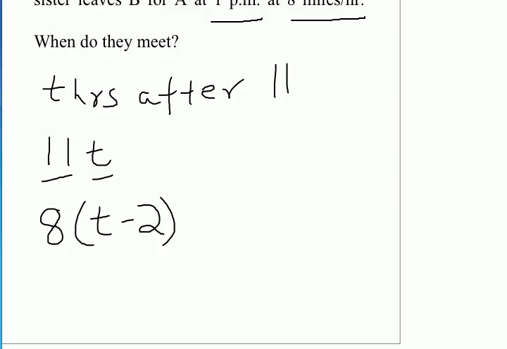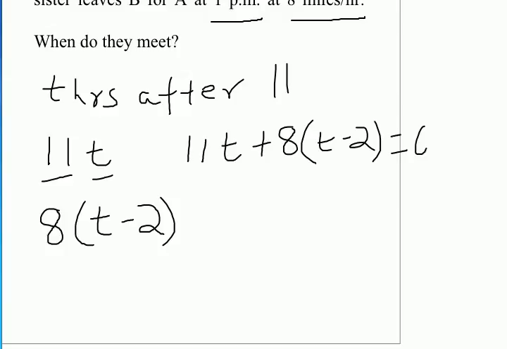So the total distance that they both travel after T hours is 11T plus 8 into T minus 2, and that is equal to the total distance of 60 miles. Because when they meet at T hours past 11, they both together have covered the 60 miles distance.